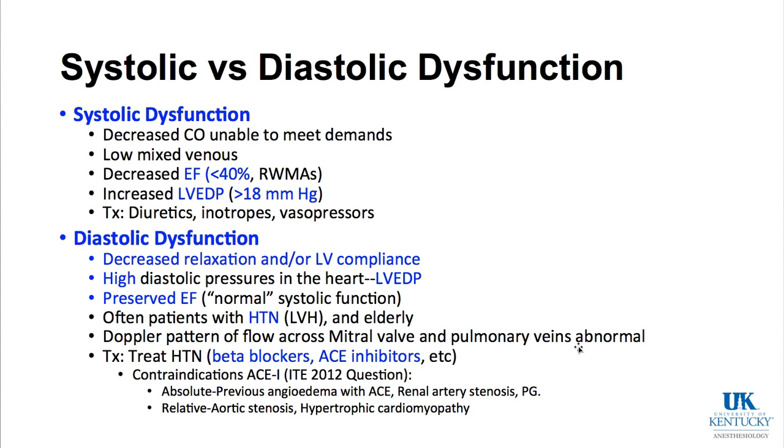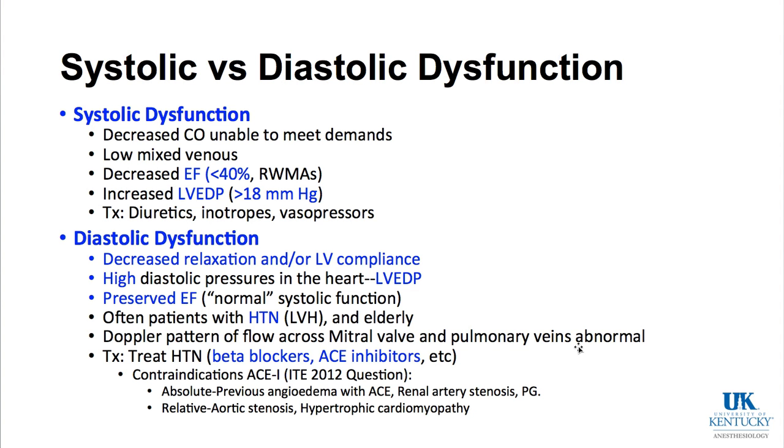And you have high diastolic pressures in the heart. The LVEDP is high, but the ejection fraction, for example, can be preserved. Now, you can have combined, and frequently do, systolic and diastolic dysfunction, but we're talking in the purest sense, diastolic dysfunction. You have high diastolic pressures in the heart, LVEDP, but a preserved ejection fraction.